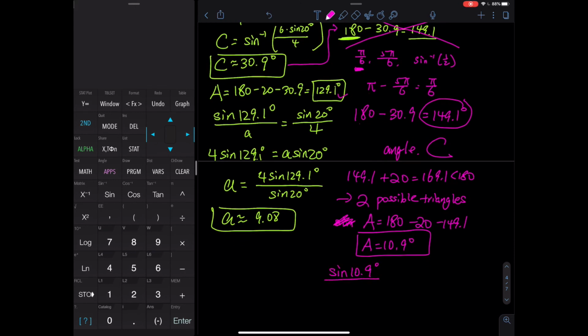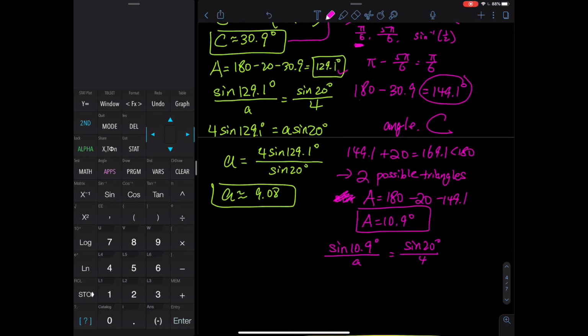So we have sine of A divided by a, we don't know a, equals sine of 20 divided by 4. You cross multiply. So we have 4 times sine of 10.9 equals a times sine of 20 degrees. And then a equals 4 times sine of 10.9 degrees divided by sine of 20 degrees.